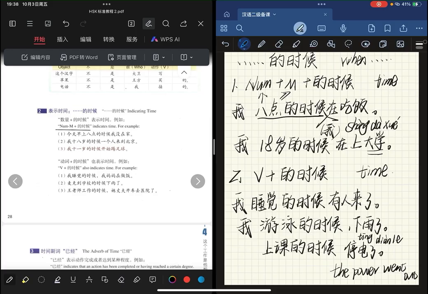Okay, let's read these sentences. Let's see this part first. 8点的时候, at 8 o'clock. 我8点的时候在吃饭, or we can say 8点的时候我在吃饭.